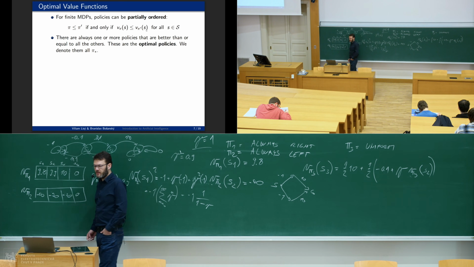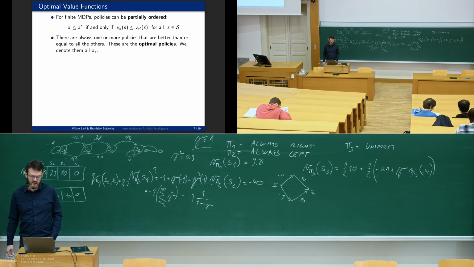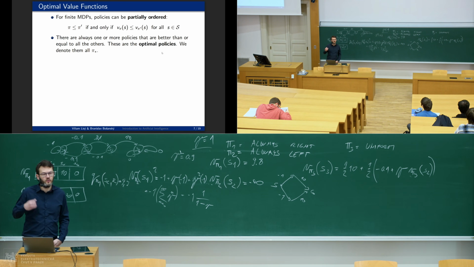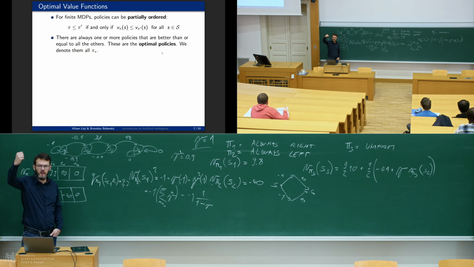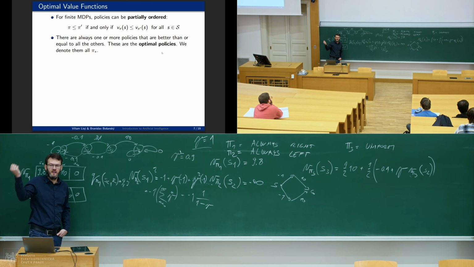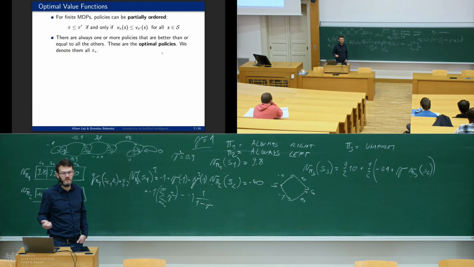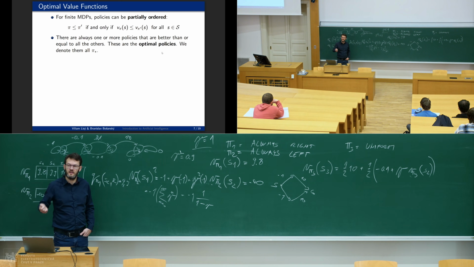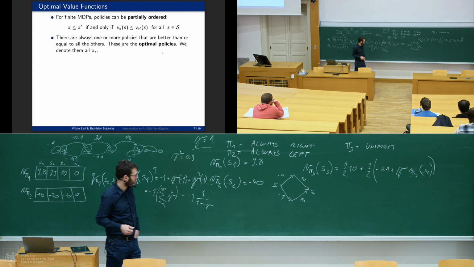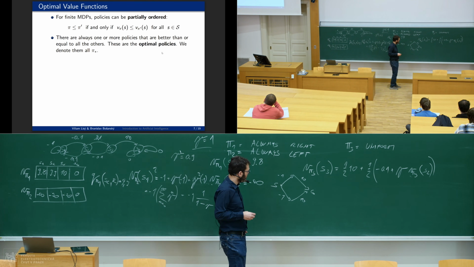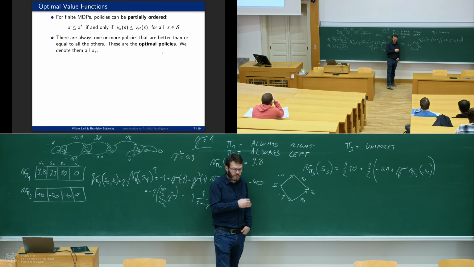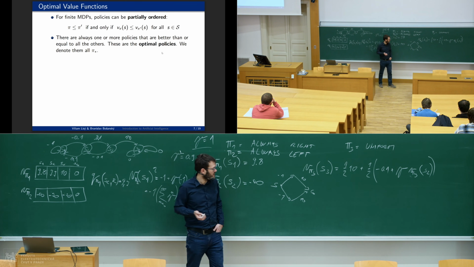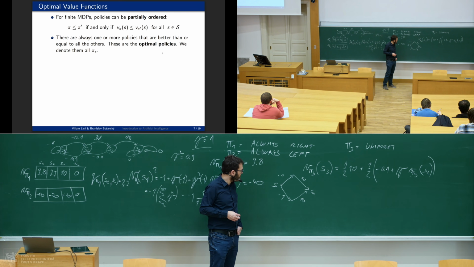So if there is something like the optimal policy, and we say that this partial ordering will be ordering policies, then the best policy should be better than all the other policies, right? And if the value functions were different, it wouldn't really work, right? Because the policies would lead to different value functions. So the optimal value function is always the same.